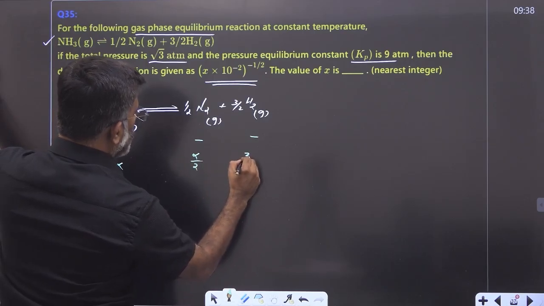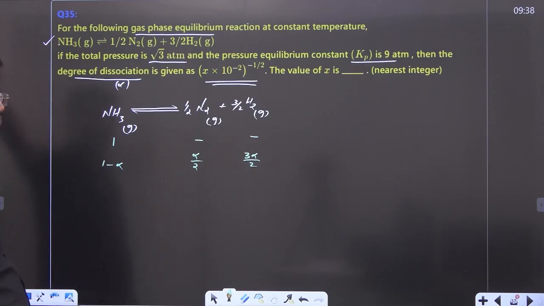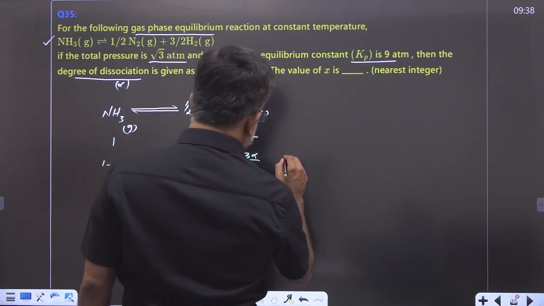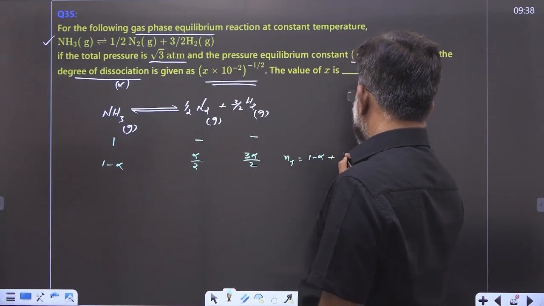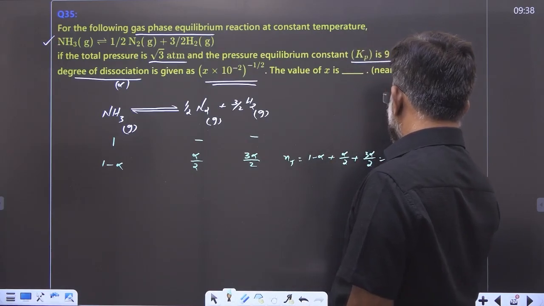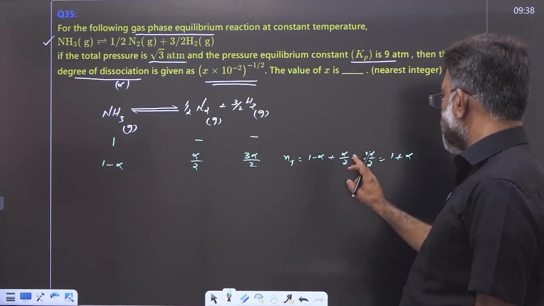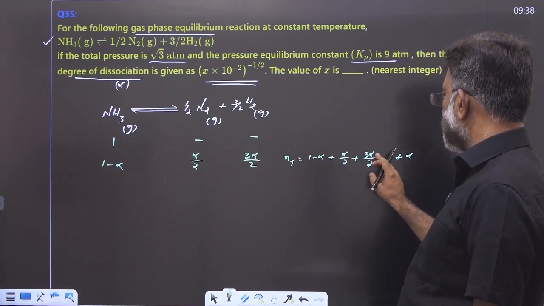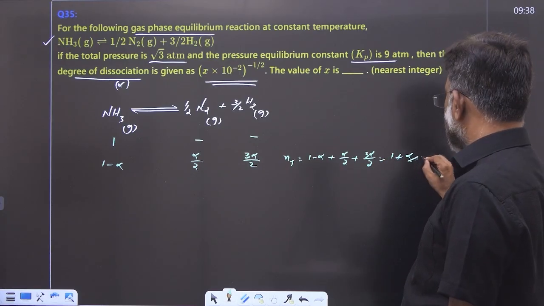Here you will get 3 alpha by 2. Right? So n total will be 1 minus alpha plus alpha by 2 plus 3 alpha by 2. Here is minus alpha, 0.5 alpha, 1.5 alpha. So it is 1 plus alpha. This is n total.